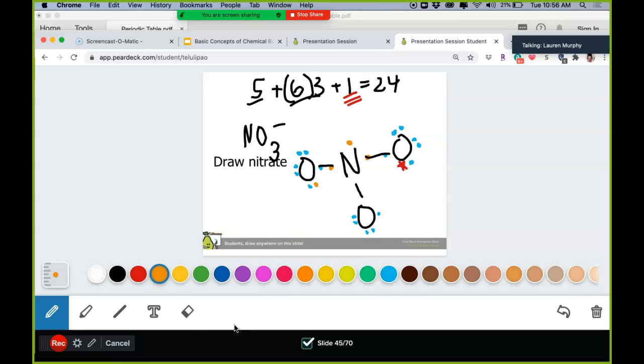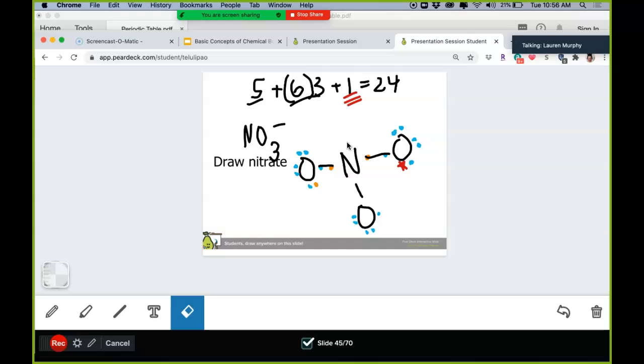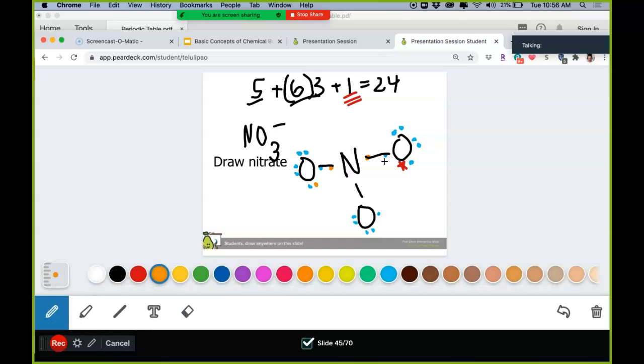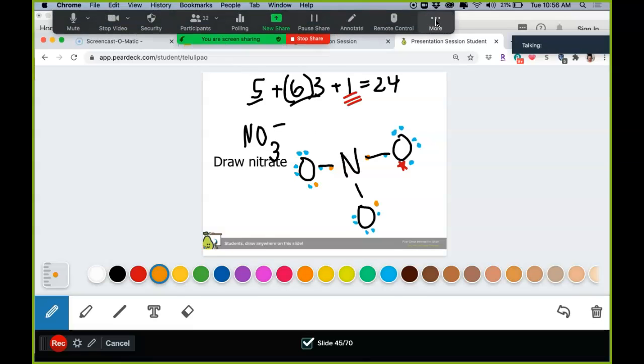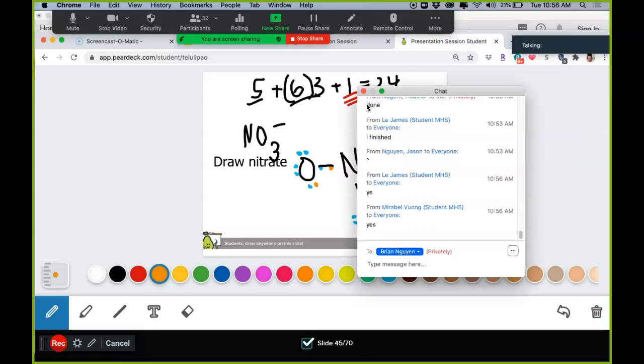Okay, so what if I do this? If I give that extra electron to this oxygen, is this stable? Yes or no? Yes.